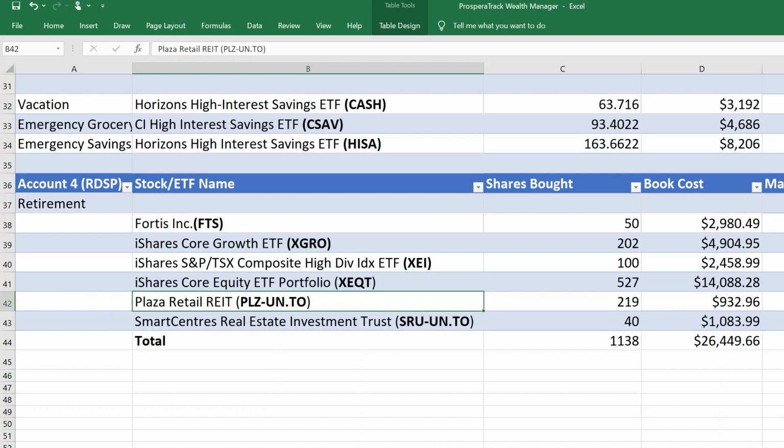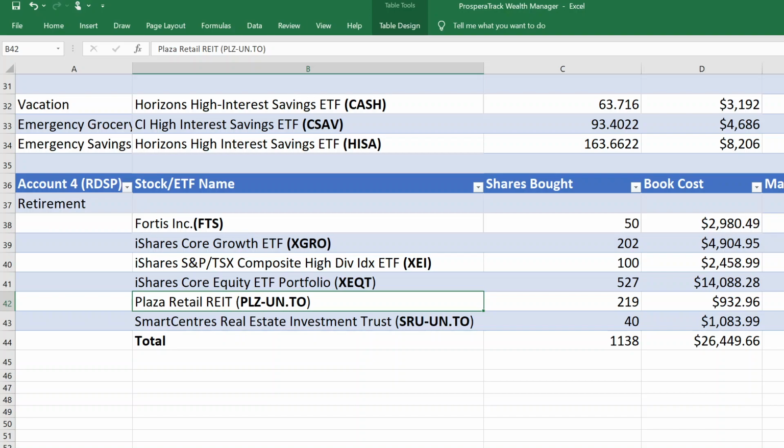I'm sure you must have been to the mall, places like Dollarama, Shoppers, Walmarts, all those major brands. Those are companies that lease from Plaza REITs.